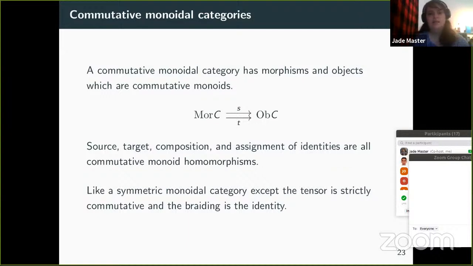And there's also some weird sort of things that go on in terms of tensor, which I could get into, but I won't right now. But yeah, so what it is formally is a category internal to the category of commutative monoids.